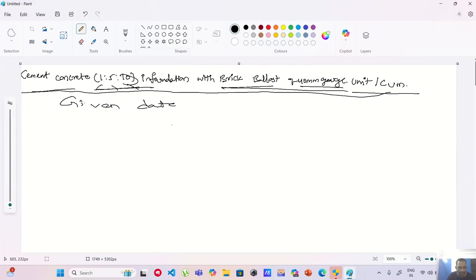Here, 1 stands for cement, 5 stands for fine aggregate, and 10 stands for coarse aggregate.